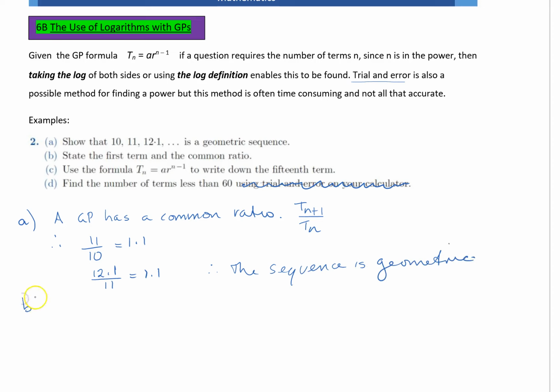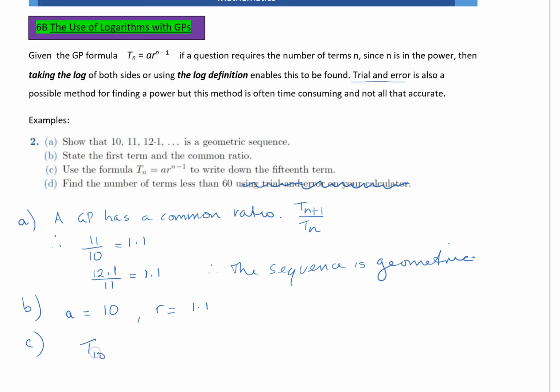And move on to B. State the first term and the common ratio. Well, we've done that. A is equal to 10 and R is equal to 1.1. C, use the formula to write down the 15th term.